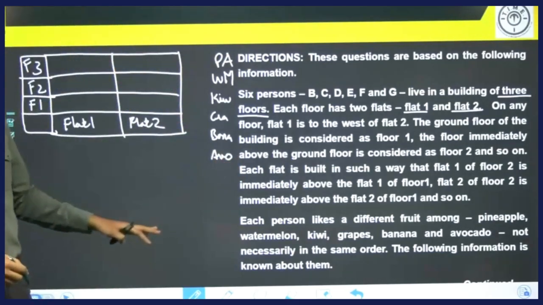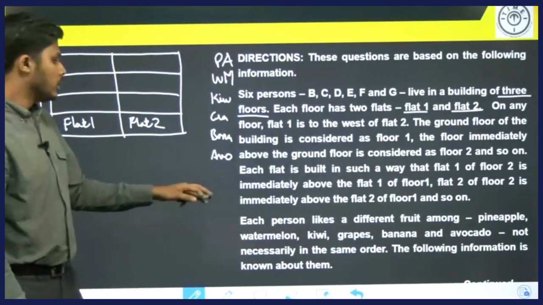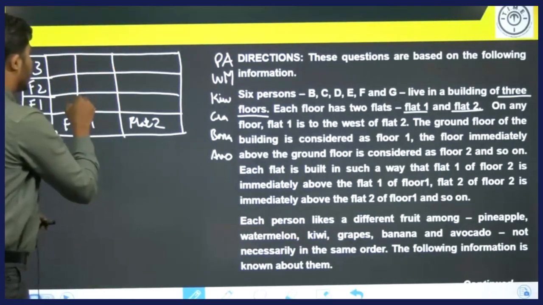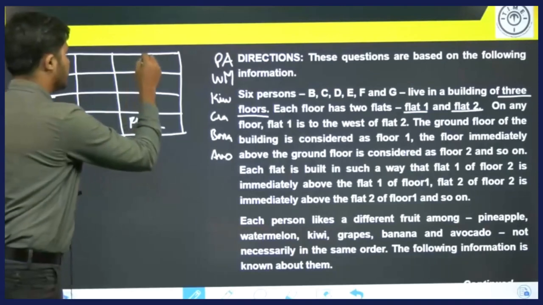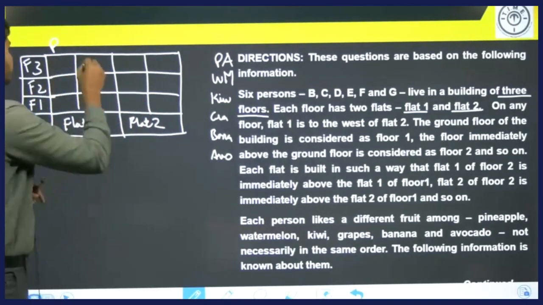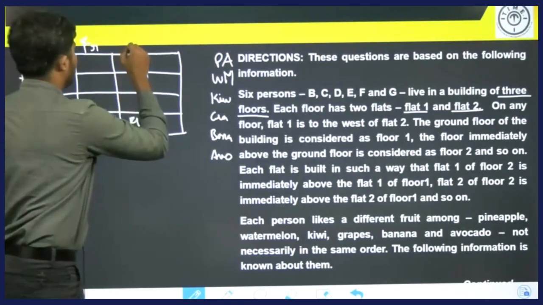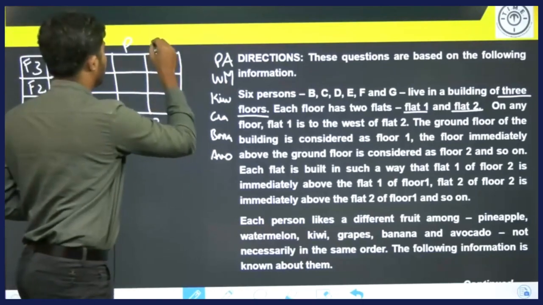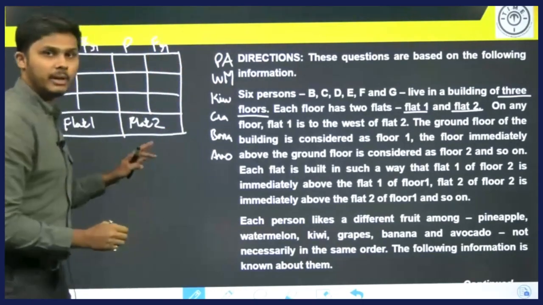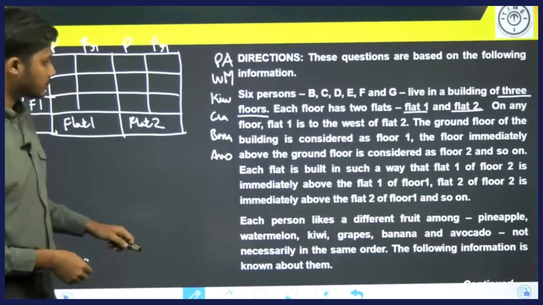So we got the 6 fruits, not necessarily in the same order. So let's further draw two more lines. Here the first column, person and favorite fruit. So now let's look at the clues.